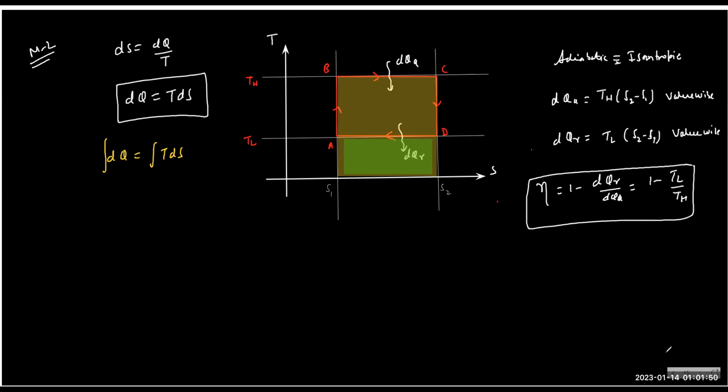So now we have just two more, and we are almost at the end of thermodynamics. So now we have the refrigerator and heat pump, and the coefficient of performance.